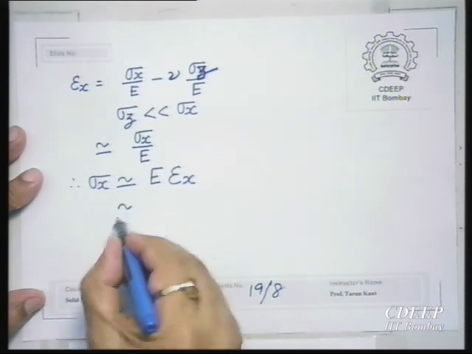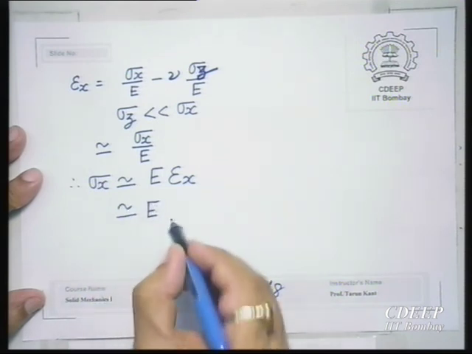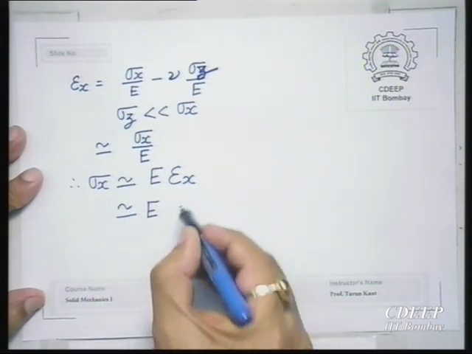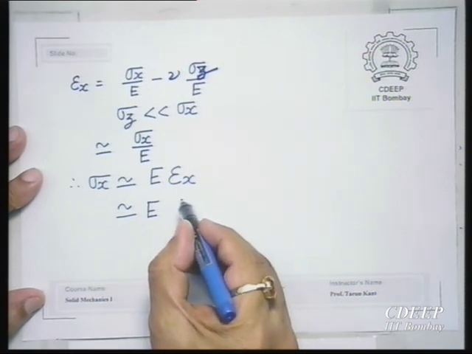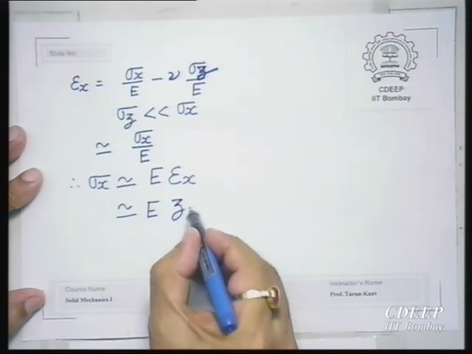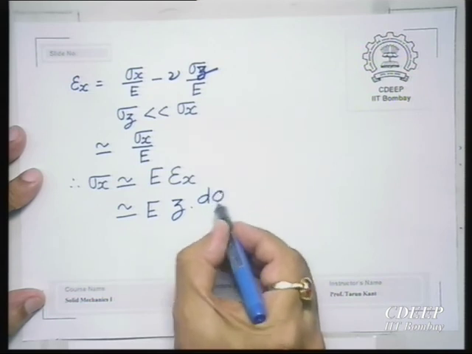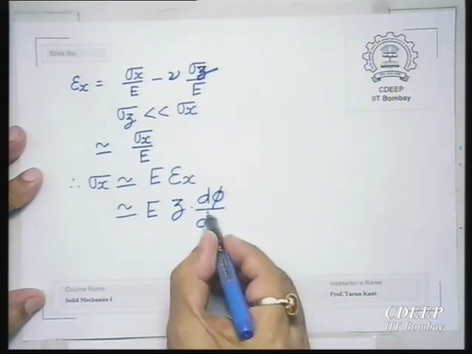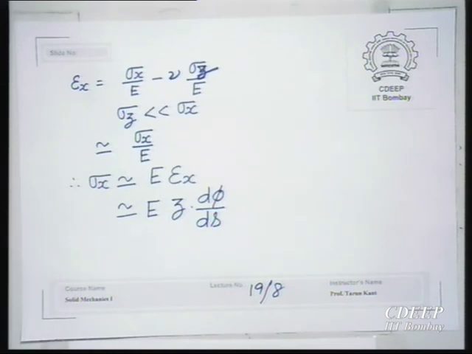And what is epsilon? Just now we got it: z times rho, that is z into d phi by ds. So we have now got a relationship for sigma x.